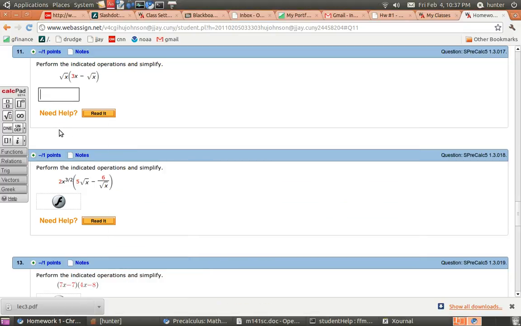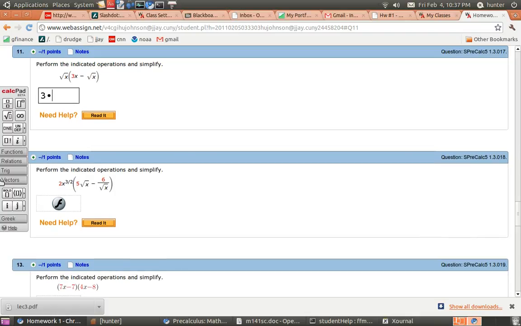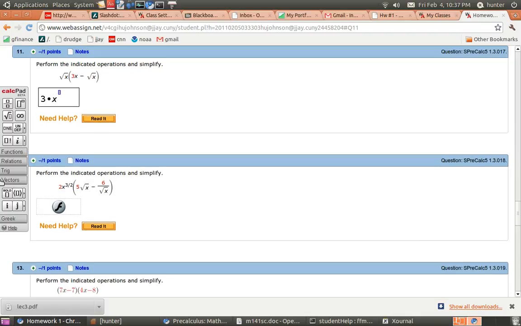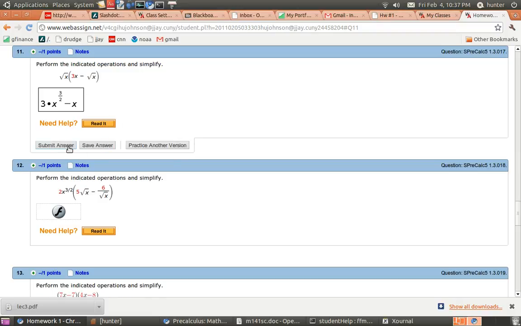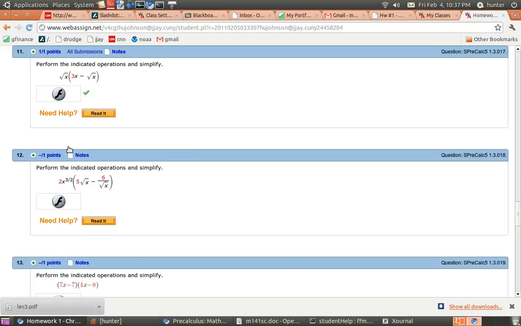Okay, so I ended up getting 3 times x to the 3/2, and then over here minus x. Okay, so I'm done here, so let's see what they think about that. Yes, I don't see how that's any simpler, but that seems to be the answer that they want.